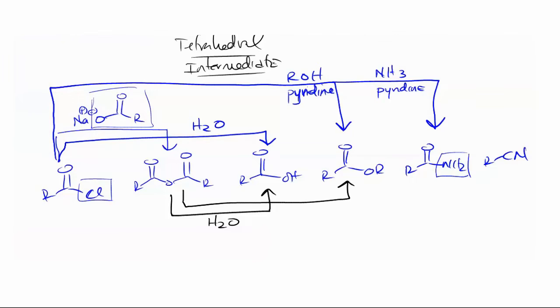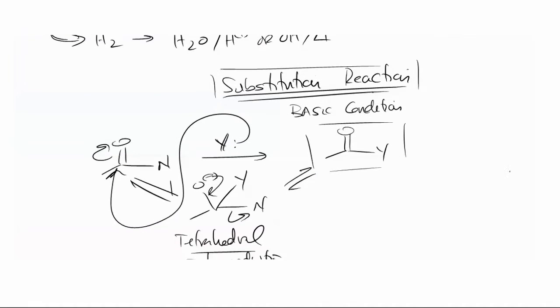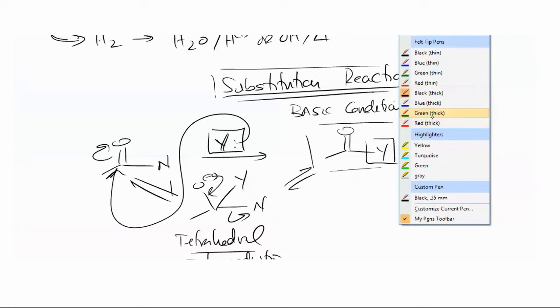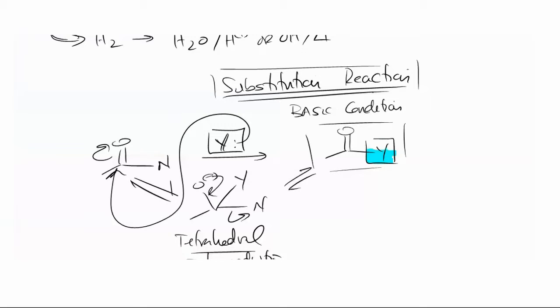So just by looking at the product, whatever is here, just add an H to it, and you can figure out what the nucleophile needs to be that will substitute this group here.